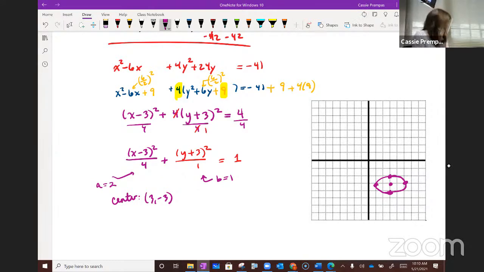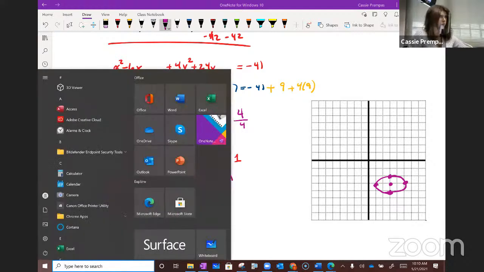You should have had the center at 3, -3. You should have gone left 2 units, right 2 units from the center, and up 1 unit, down 1 unit from the center to create the shape of the ellipse. Any questions on that?